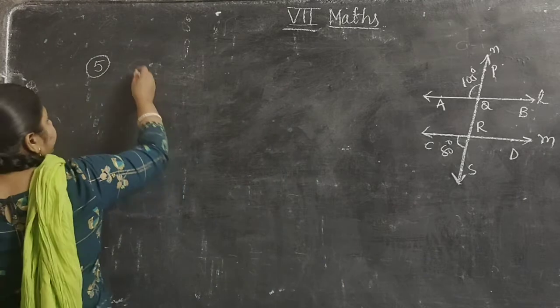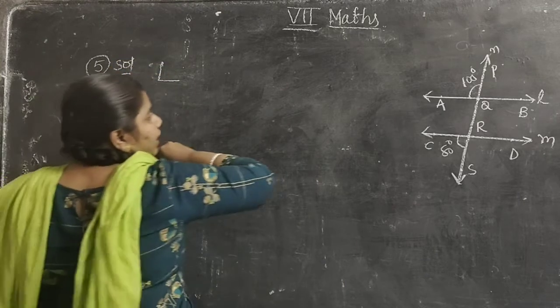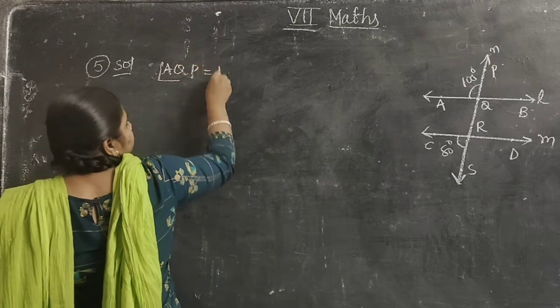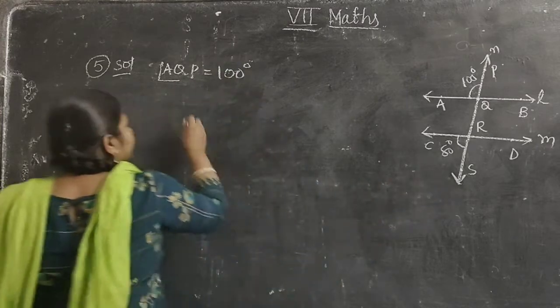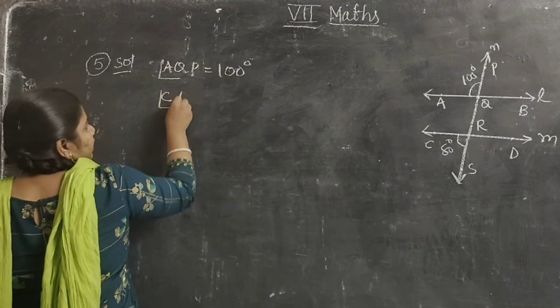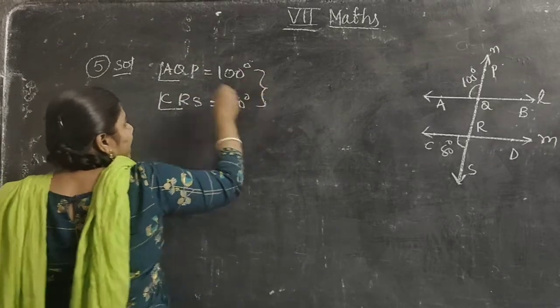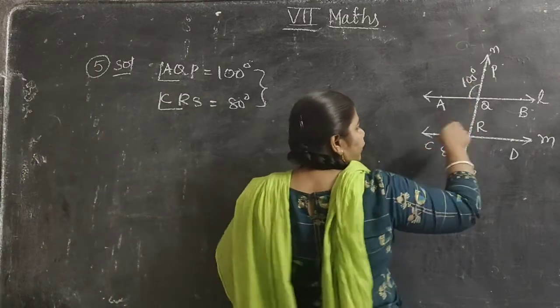So we will write here angle AQP is equal to 100 degrees, and they have given angle CRS is equal to 80 degrees. So these two angles are lying outside of the parallel lines and they are on the same side of a transversal.